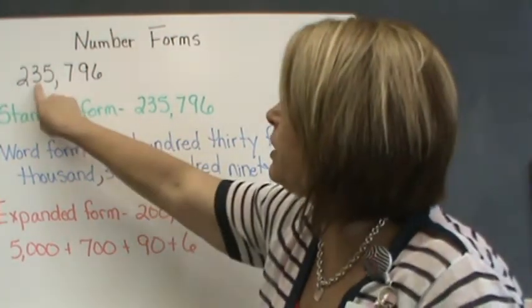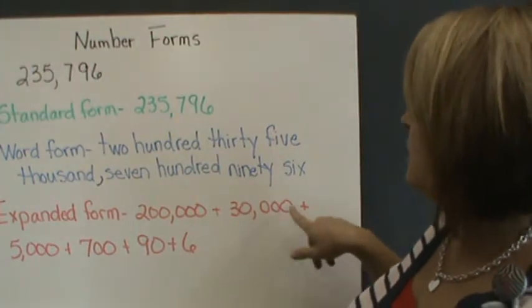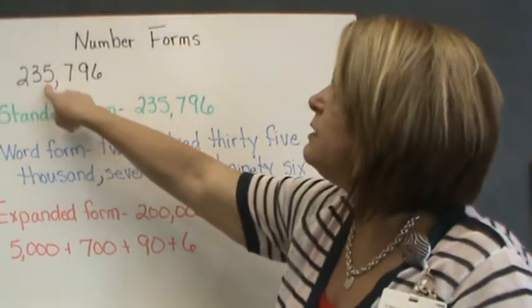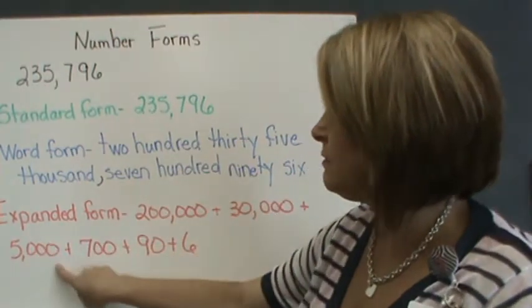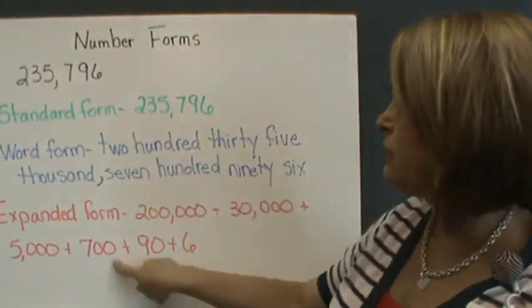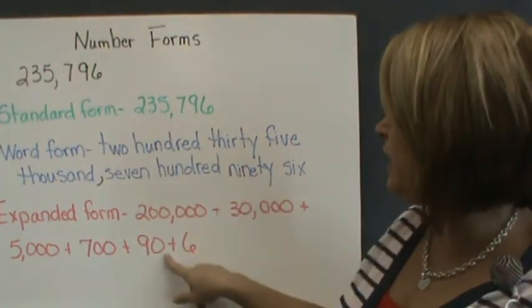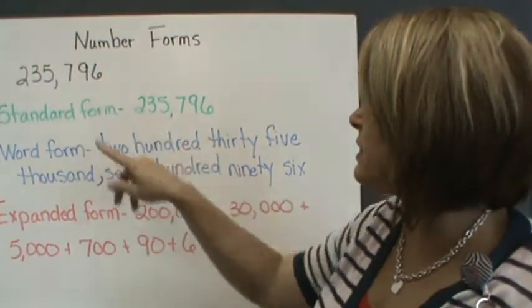What's the value of the 3? 30,000 plus. What's the value of the 5? 5,000 plus. What's the value of the 7? 700 plus. What's the value of the 9? 90 plus.